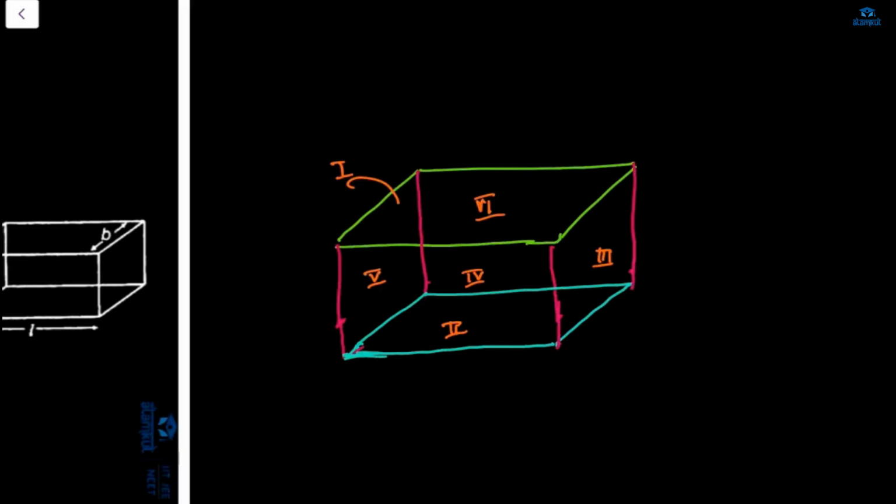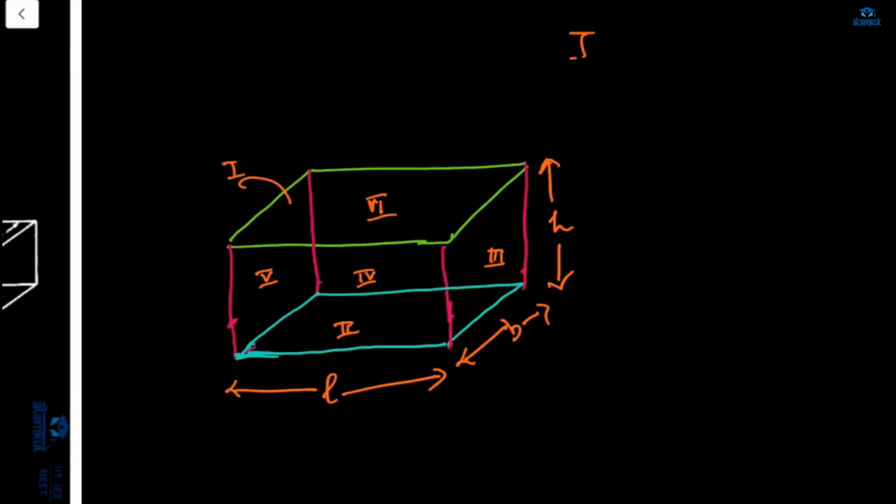If we say that this is the length and this is the breadth, of course, this is the height. If I'm talking about surface number one, the ceiling, it will be length into breadth. Similarly, the floor will also be length into breadth.